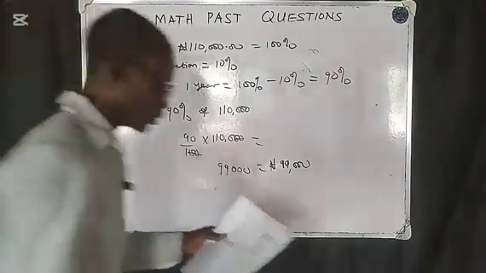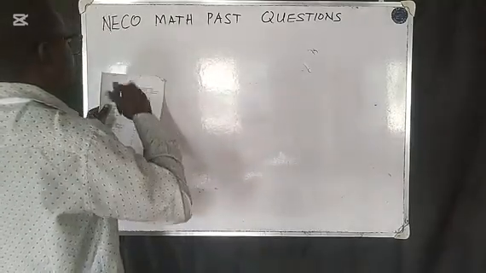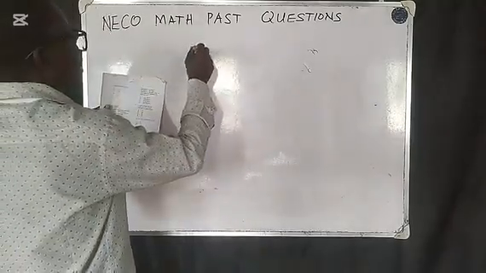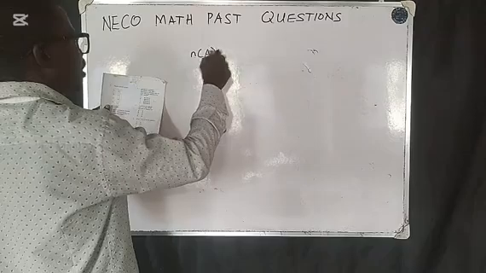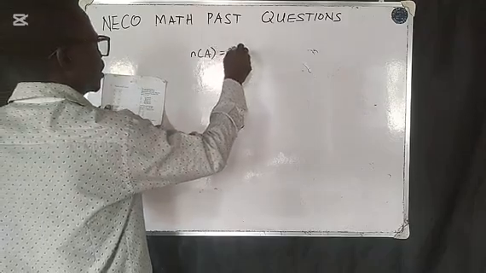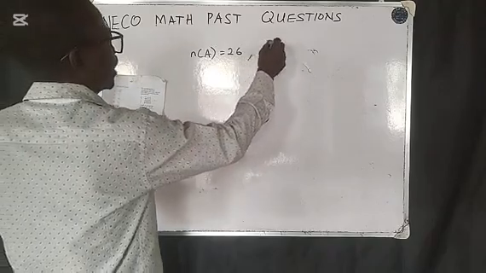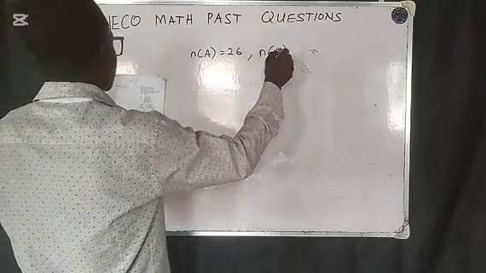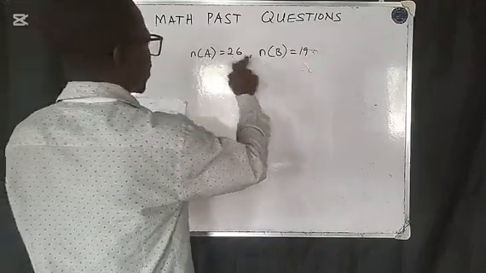The next question is about sets. We have two sets there, two subsets. Set A, the total number in the set of A is 26. And the set of B, the total number there is 19. Some numbers are common here.